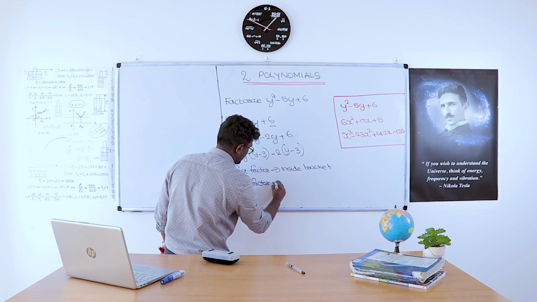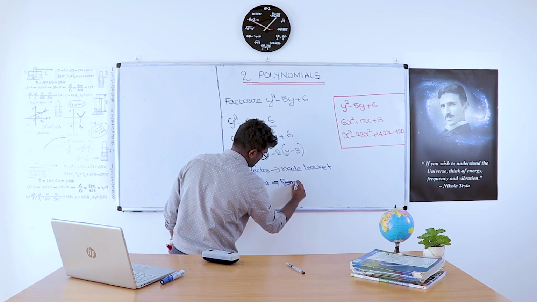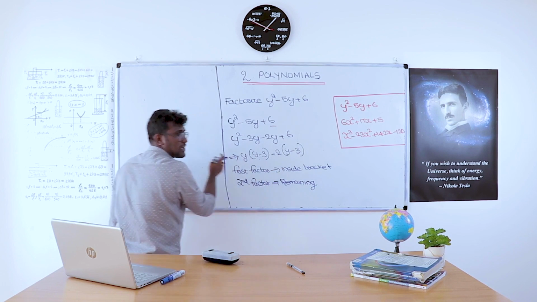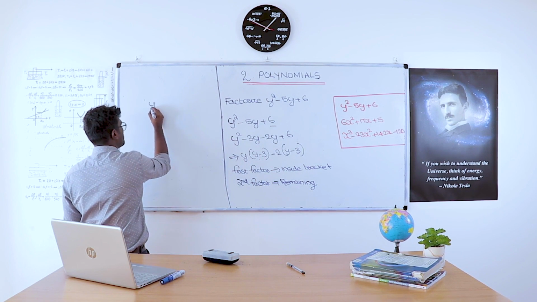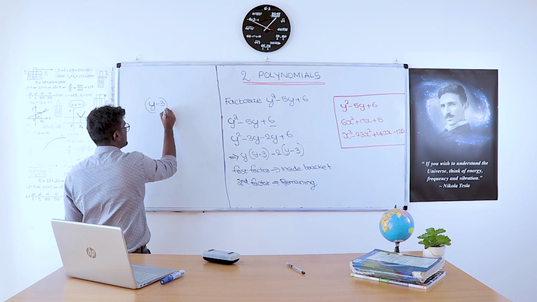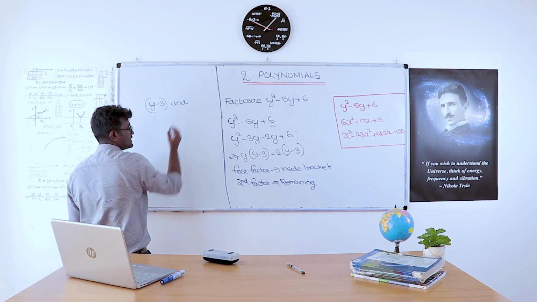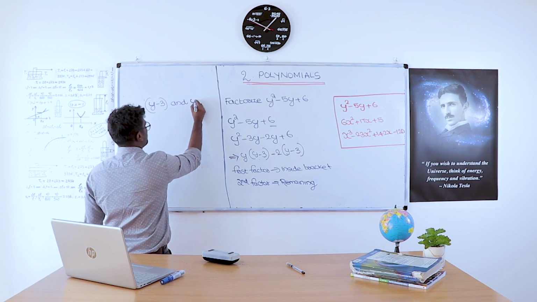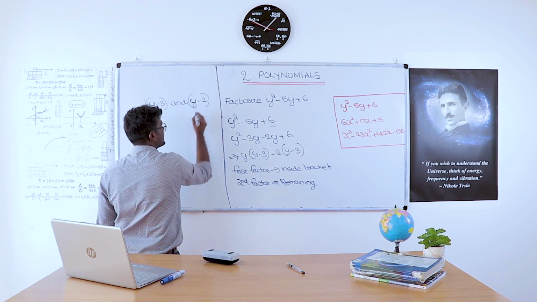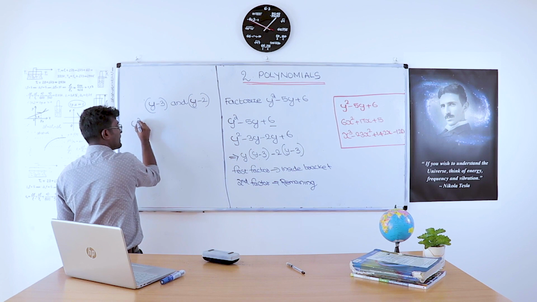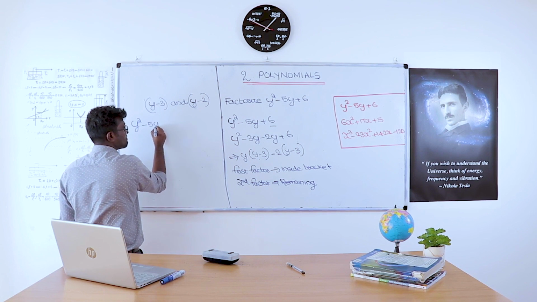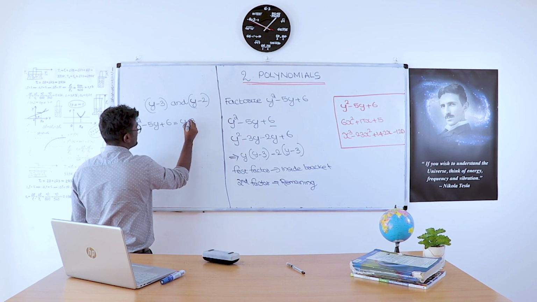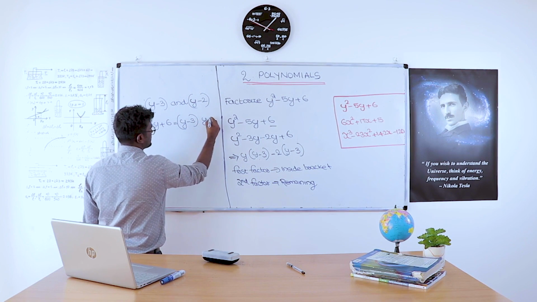So the first factor is y minus 3 and the balance is y minus 2. y minus 2 is the second factor. So we can write y square minus 5y plus 6 equals y minus 3 into y minus 2.